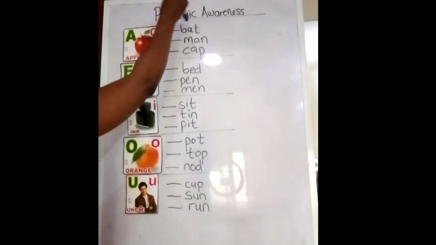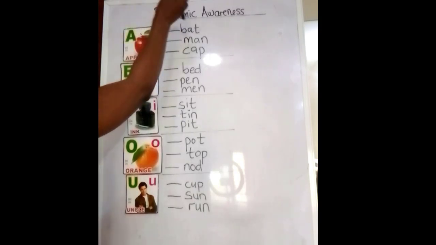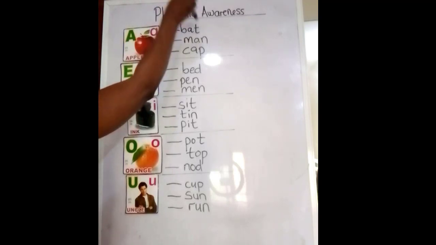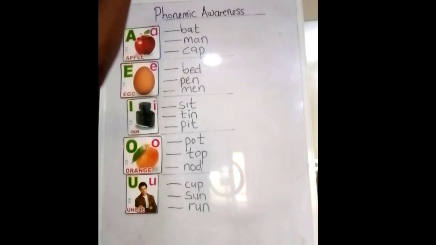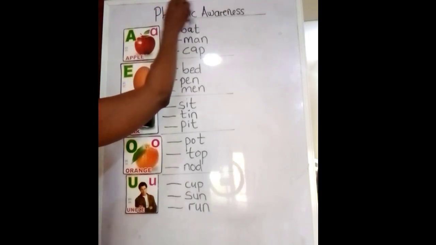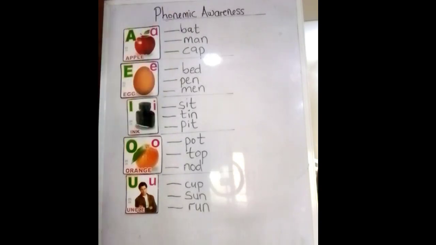So if you look at the word bat, you hear the sound B, which is made by this first letter B. Then followed by A, which is the vowel sound. And the last one is T, the sound made by letter T. So you can combine the three. You have B, A, T, bat.